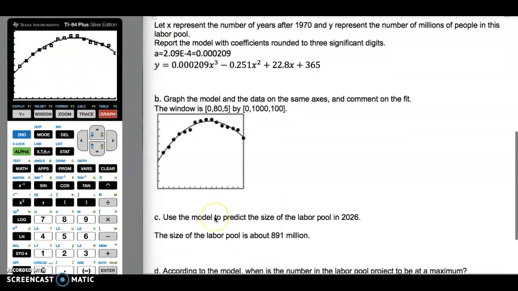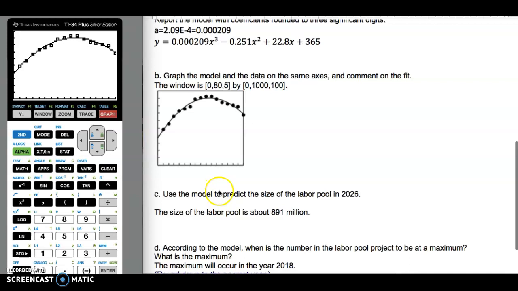And so use this model to predict the size of the labor pool in 2026. Use this model that we got up here, this cubic model, to predict the size of the labor pool in the year 2026.